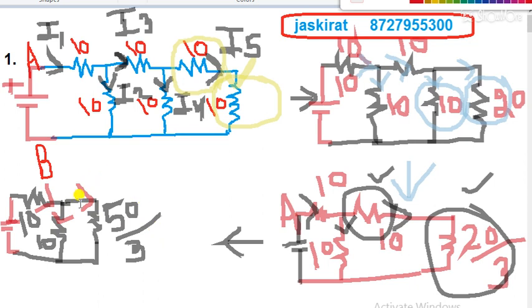That means these two have different currents, 10 and 50 by 3. So this 10 and 50 by 3 will be in parallel combination. So after that we can solve it.